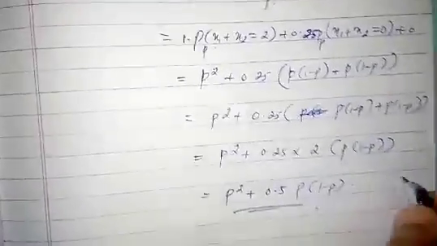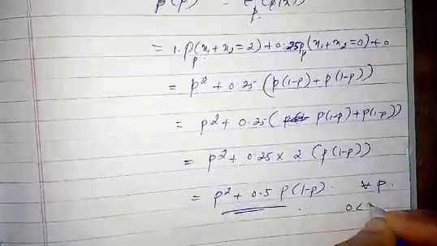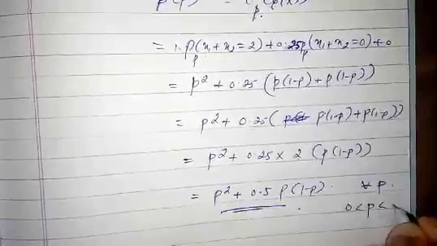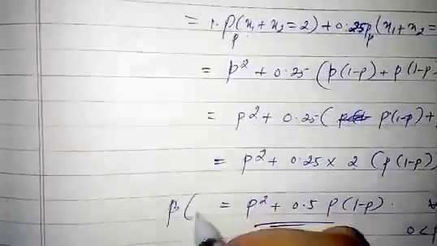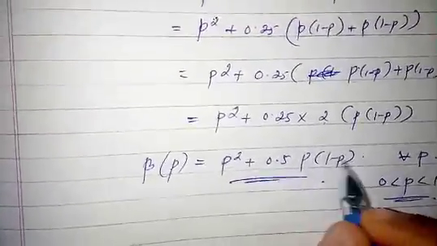This is the power function of the test for all values of p, where 0 is less than p less than 1. That is p square plus 0.5 p into 1 minus p.